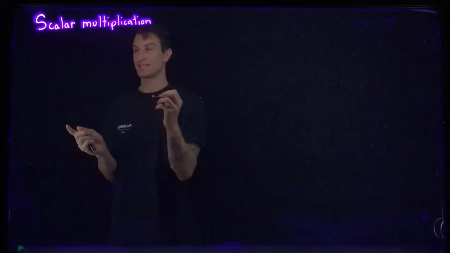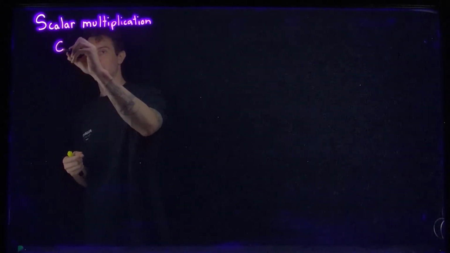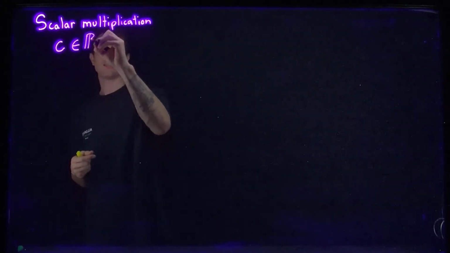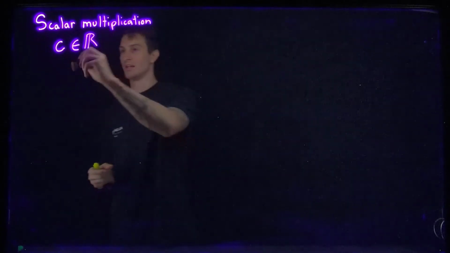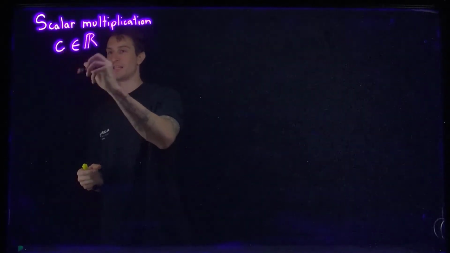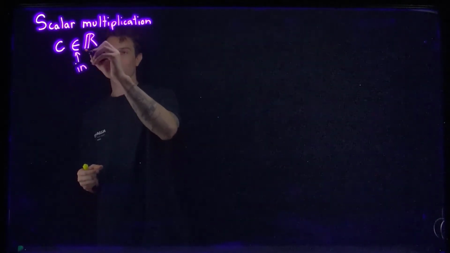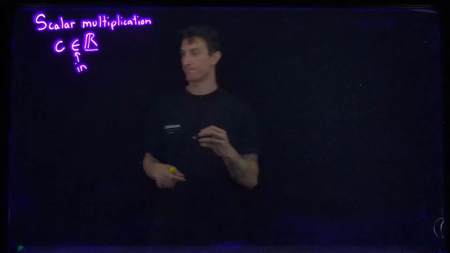I'm going to grab a scalar, or a number, and we'll just say this scalar is c. And it's going to be coming from the real numbers. I'm just making this harder than it really needs to be, but just so you guys see some math notation, this is saying a scalar c is coming from within. This is in, and then this, of course, is the real numbers. So choose any real number is what this is saying.